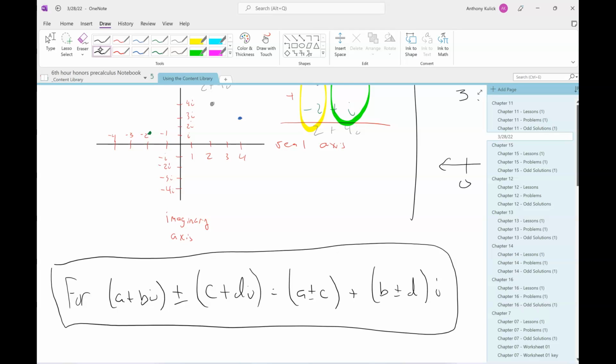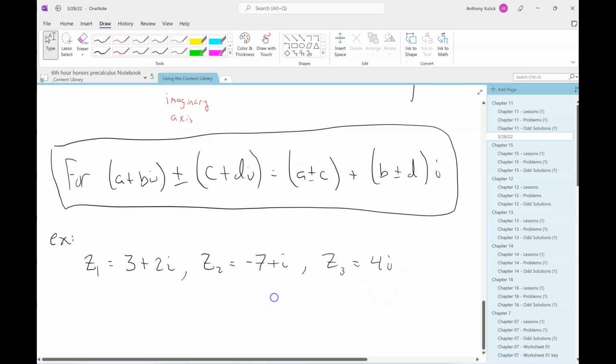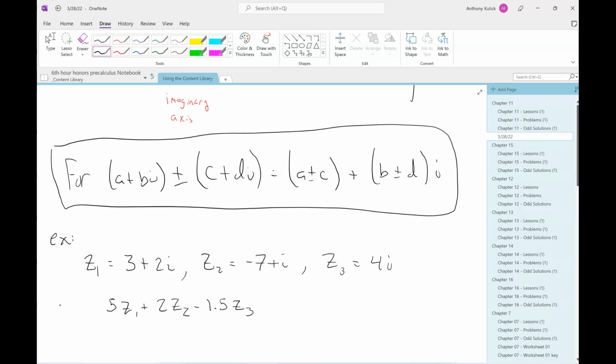So what if we had something, for example, let's say we have the complex numbers z1, z2, z3 that are defined here.